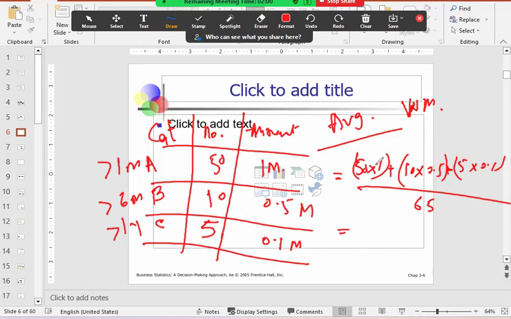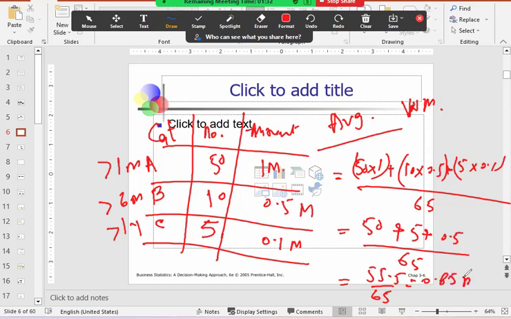So I will calculate. 50 into 1 is 50, 10 into 0.5 is 5, and 5 into 0.1 is 0.5, and then over 65. So the answer will be 55.5 divided by 65. So this way the average will become, let me calculate, 55.5 divided by 65, that is 0.85 million.